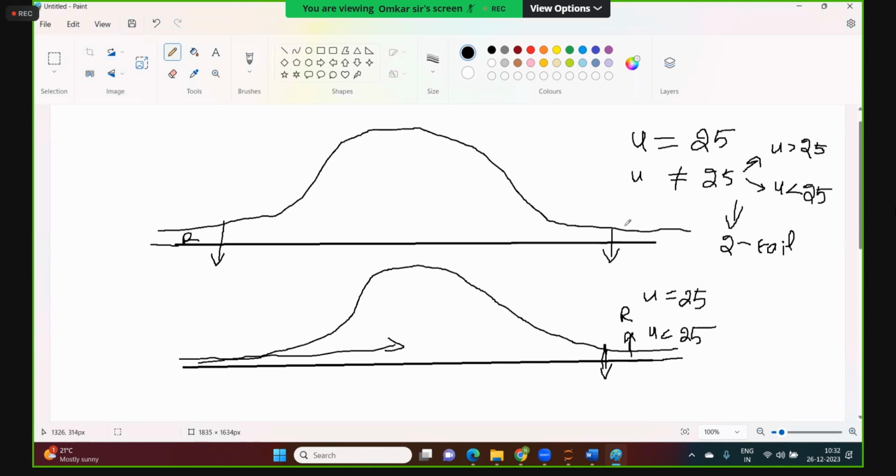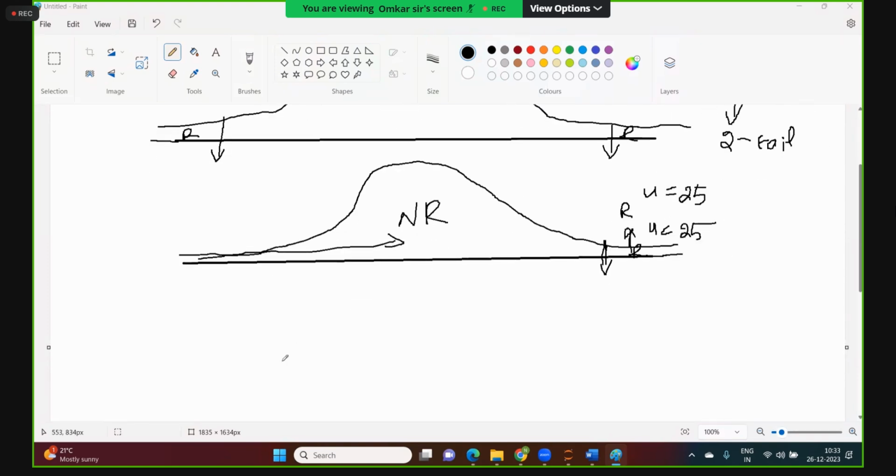So what is the final answer? Everyone is saying accept the null hypothesis. Not reject. Uma is saying reject. Reject or not reject?